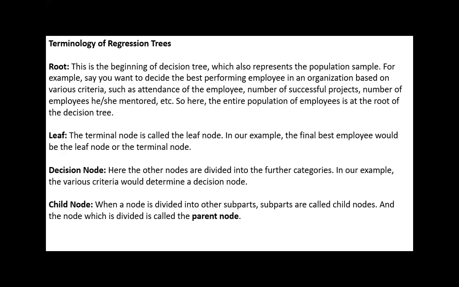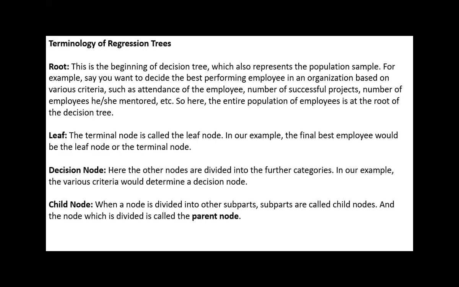For example, say you want to decide the best performing employee in an organization based on various criteria, such as attendance, number of successful projects, number of employees mentored, etc. Here, the entire population of employees is at the root of the tree. Total staff members are placed at the root of the regression tree.